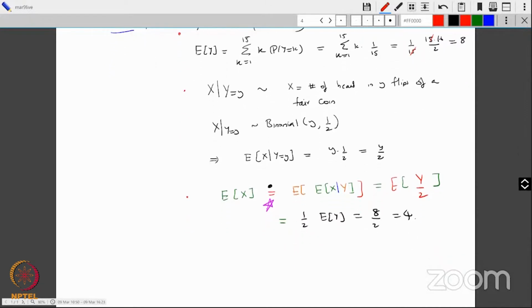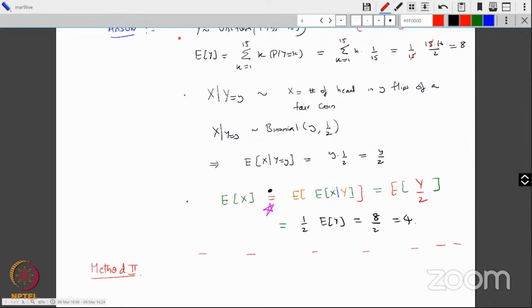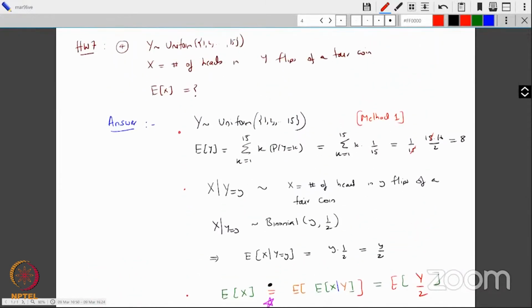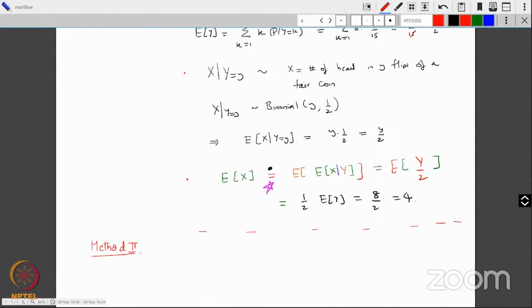Now I want to illustrate a little more slowly a more standard, more mechanical way of doing this, but it gives you a better understanding. So let's do method 2. If you understand everything, method 1 is fairly correct. Otherwise, you just go to X. So we know Y is uniform 1 to 15.